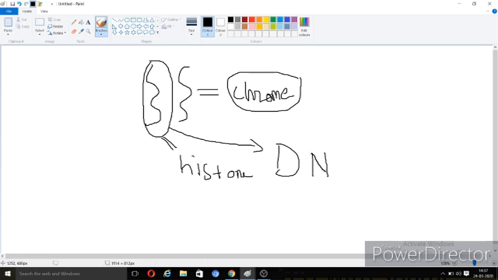The DNA contained in the chromatin is 40%, and the histone is 60%.